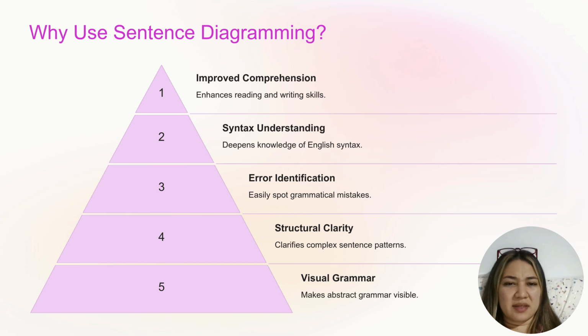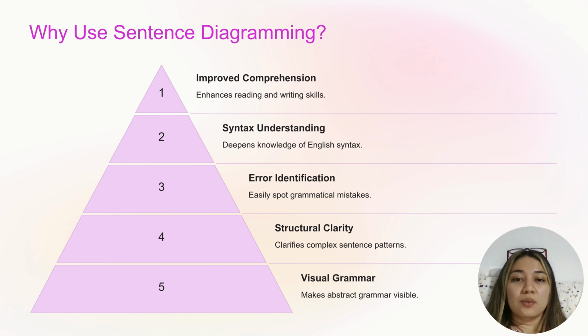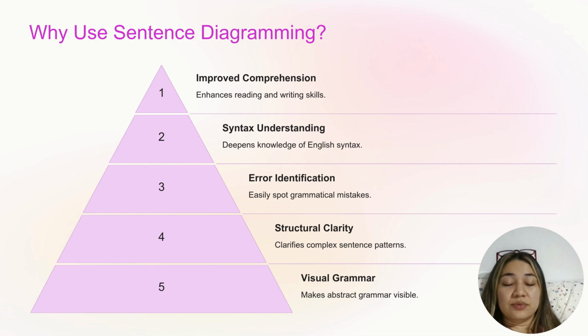We have many reasons why this grammar method was so useful to us: to identify the structure with more clarity. We have a visual grammar to identify the connections from word to word, right?